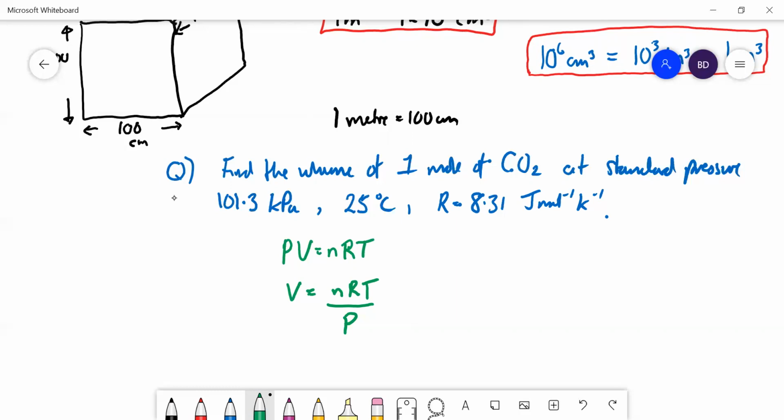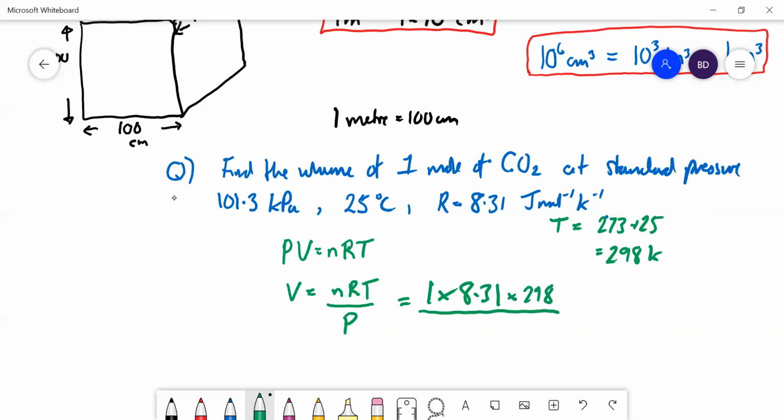So let's put the numbers in. So we get n is 1 mole, 8.31. Now T is 25 degrees C, that's 273 plus 25, which is equal to 298 Kelvin, times 298.